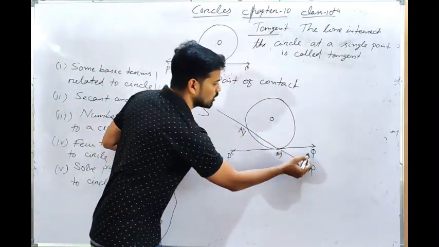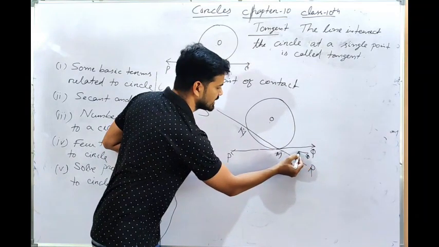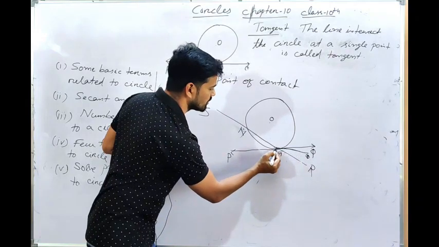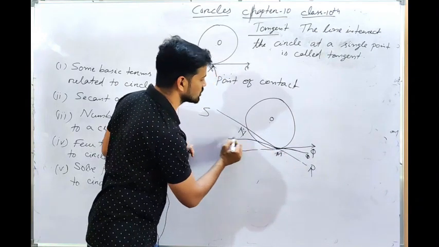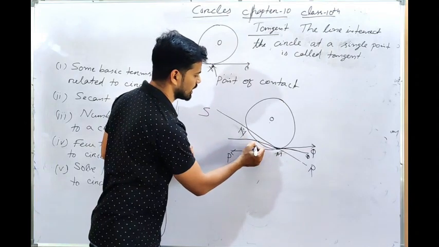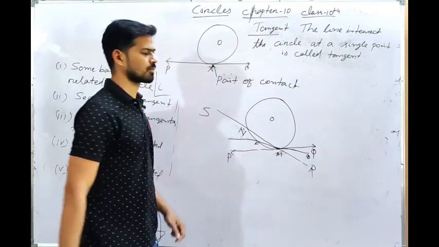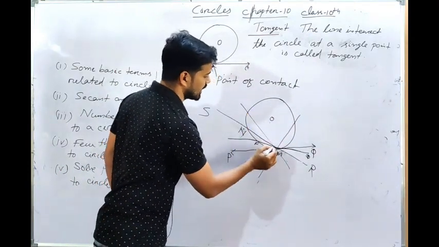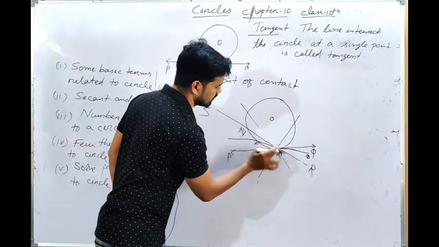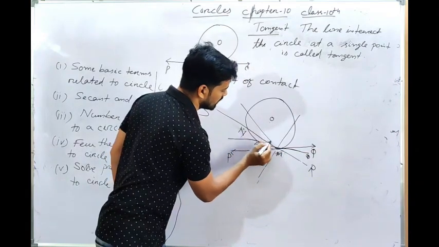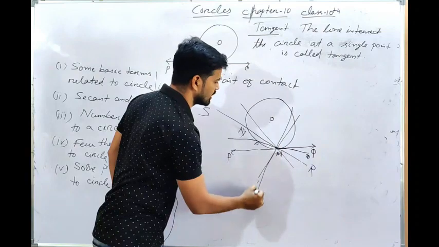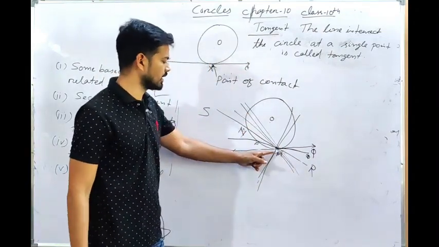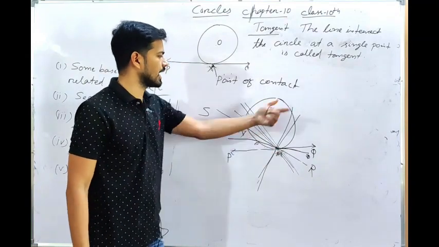So let us try to draw a tangent from point D which has to pass through point M, and what we find is that this also intersects the circle at another point F. Whenever we try to draw a tangent from M, we can notice that the line intersects the circle at some other point.